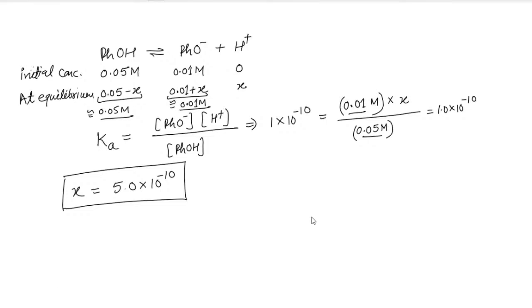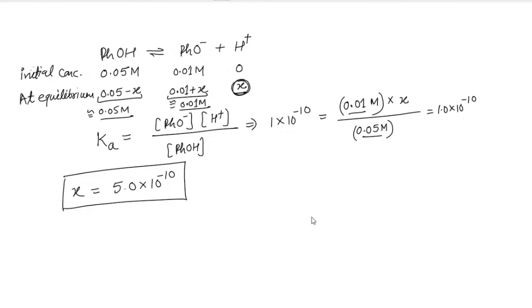This is the value of X. So what is X actually? If alpha is the degree of dissociation, you can write it in terms of alpha. So X is actually 0.05 alpha.